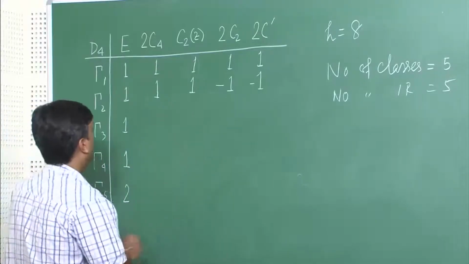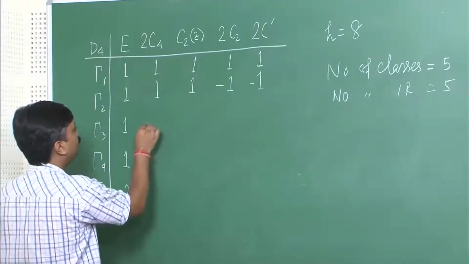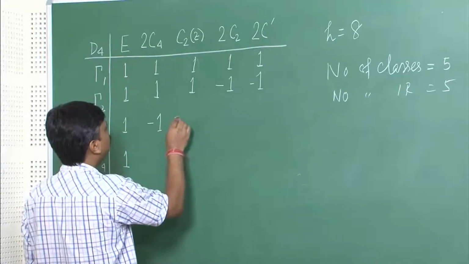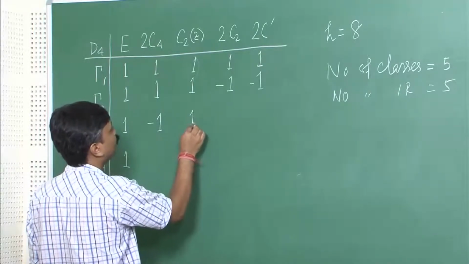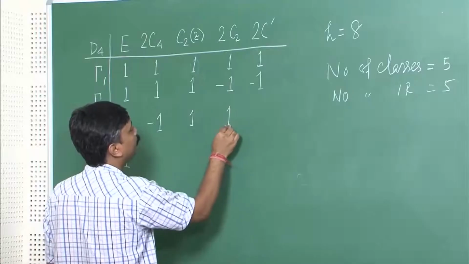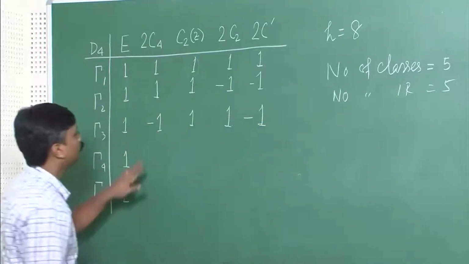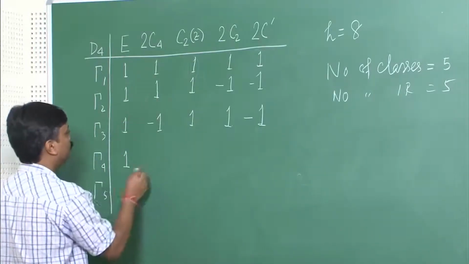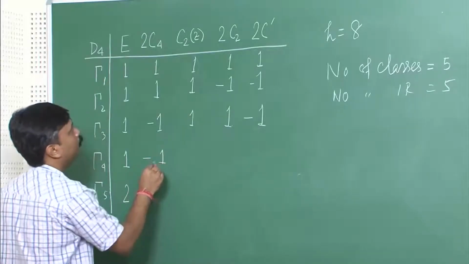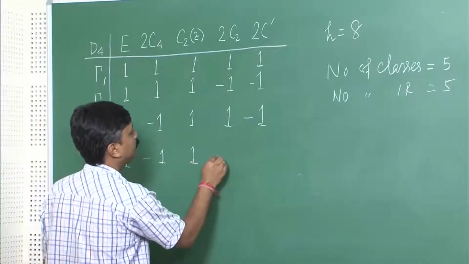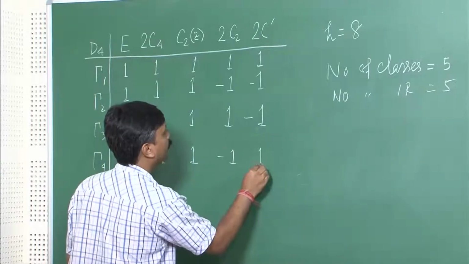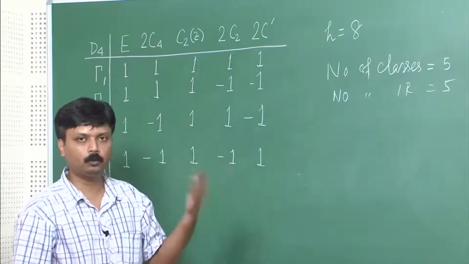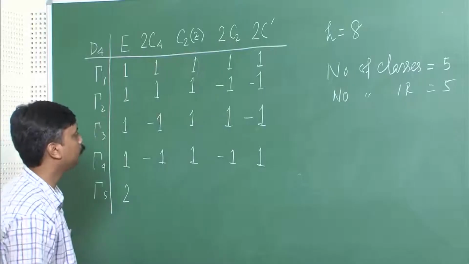So, I got gamma 2, and then I can keep filling. For this one, I have 2 plus 2, 4 negative ones, and the other 4 are positive. Okay. Let me just interchange these two. All right.